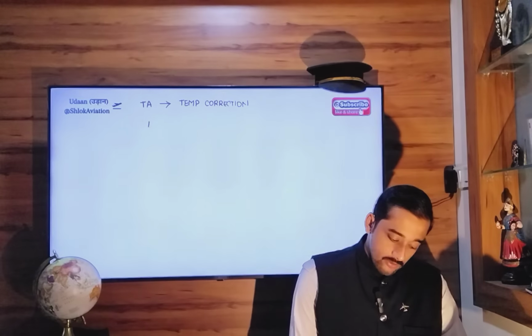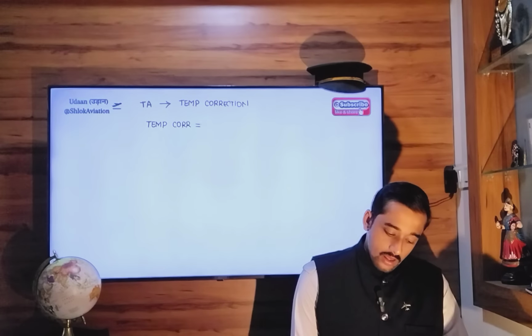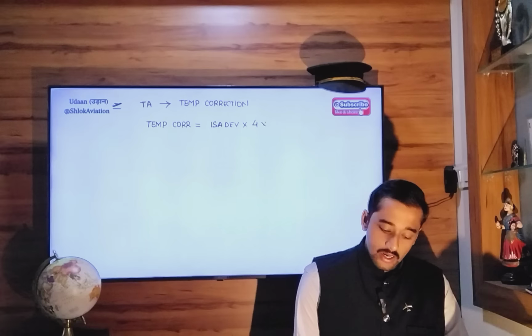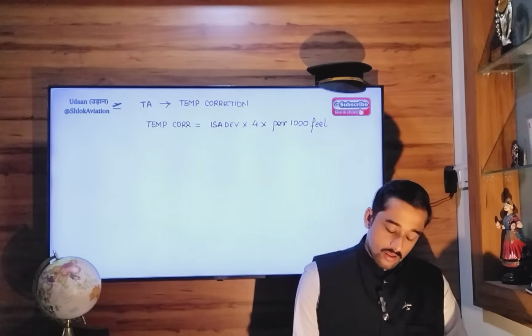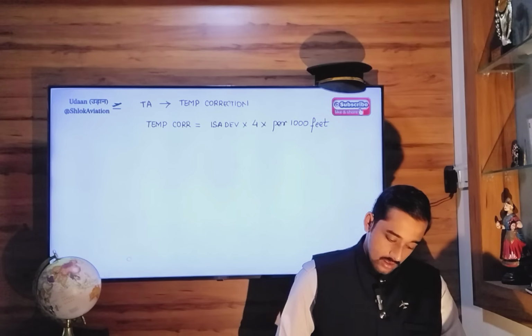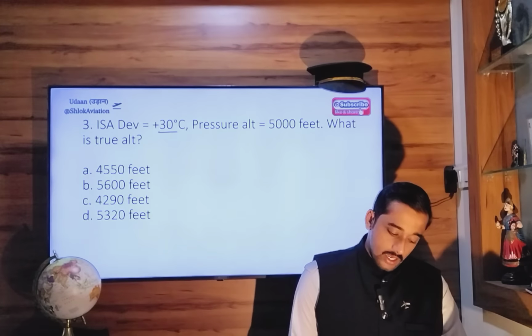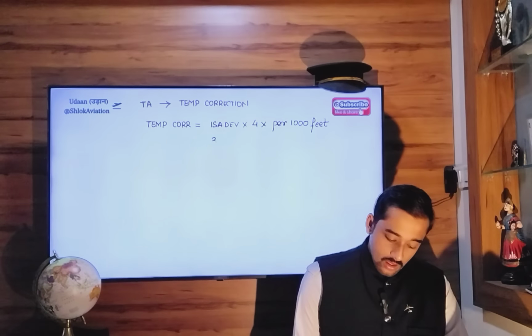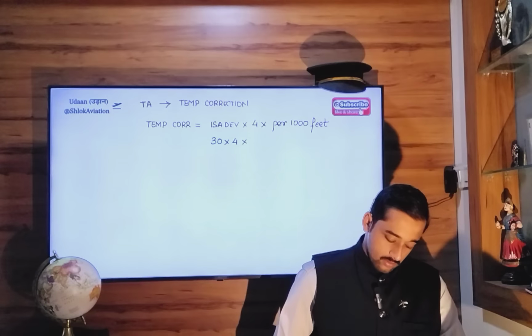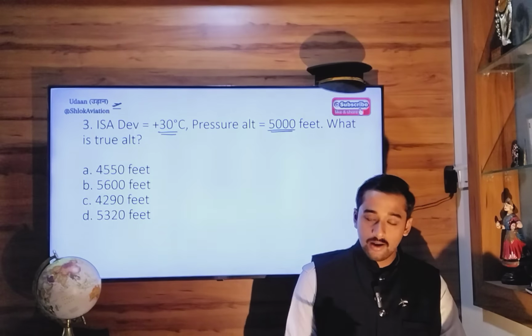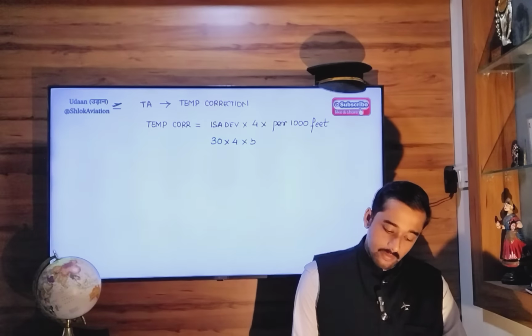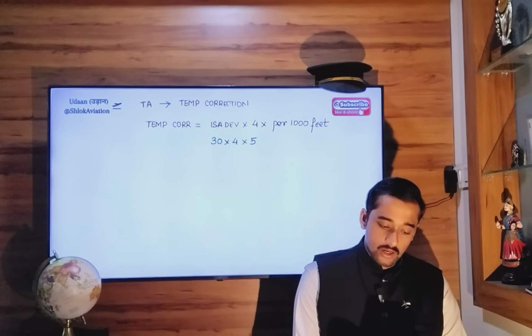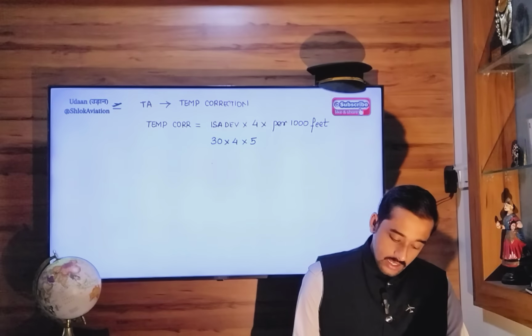Now the temperature correction formula is ISA deviation into 4 into altitude per 1000 feet. ISA deviation is plus 30, and altitude is 5000 feet, so you just write into 5. Now 30 into 4 into 5 is 600.